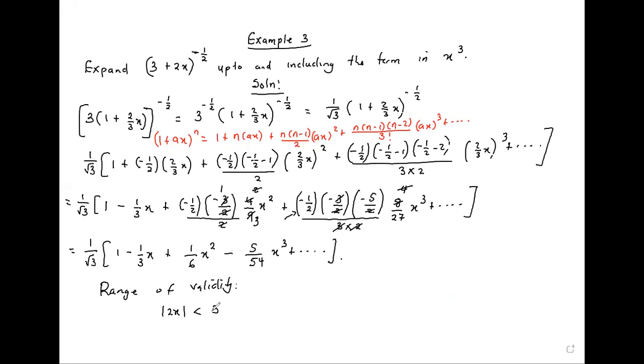This is another way. For as long as that 3 there is positive as it is, then you can say the modulus of 2x is less than 3. Take away 2, divide it. So you'd get the modulus of x is less than 3 over 2. Simplified. This is another way.